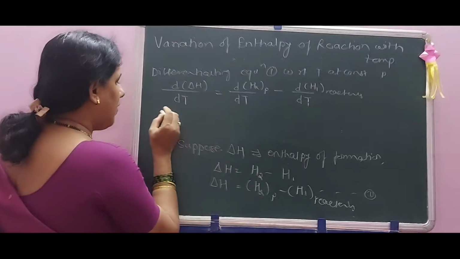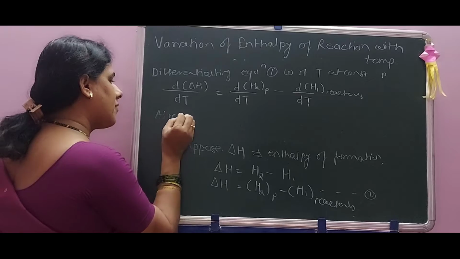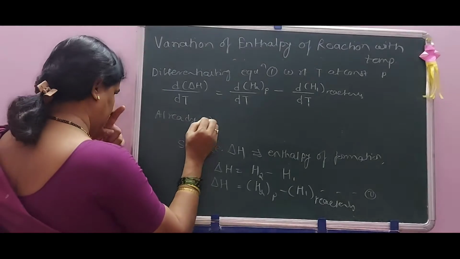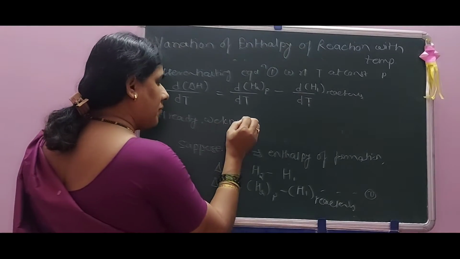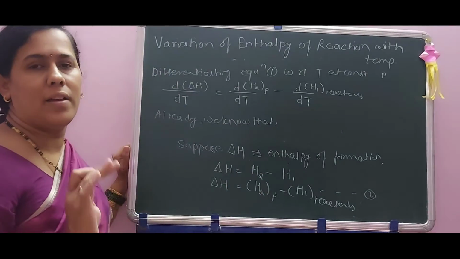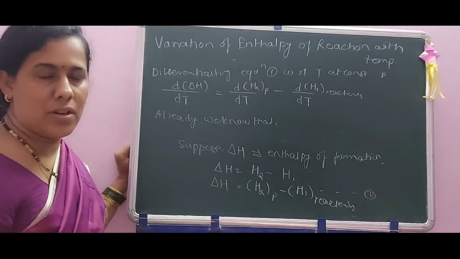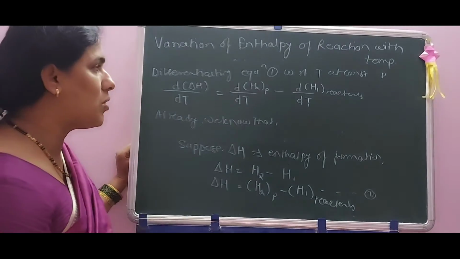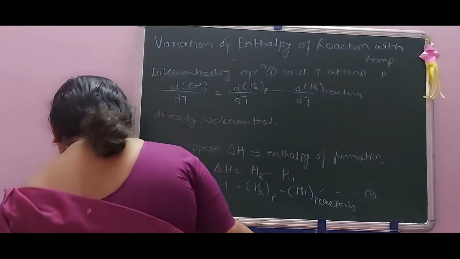Now already we know which quantity is known as molar heat capacity at constant pressure and molar heat capacity at constant volume. What are its relations?